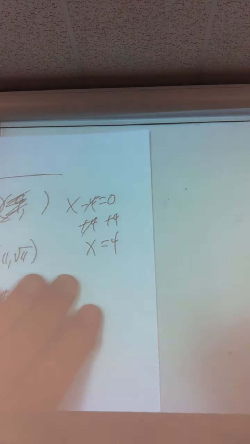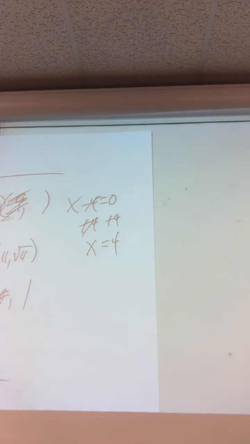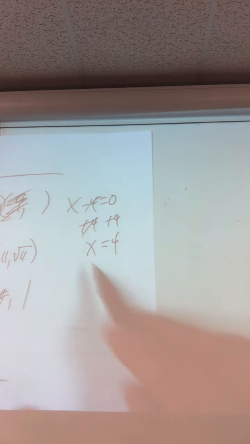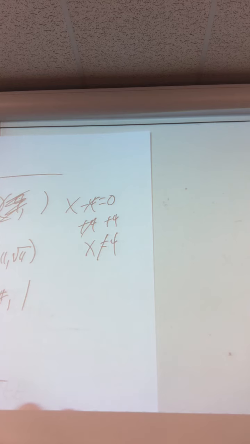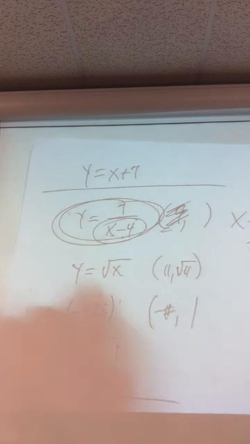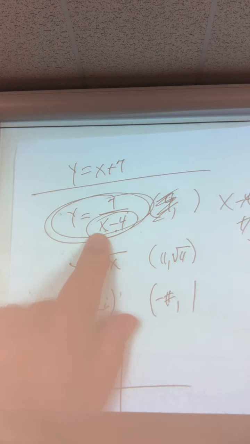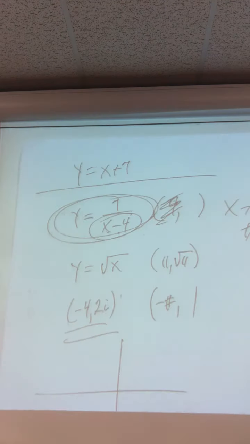Well, that's easy. Solve that for x, add 4 to both sides. Yes, I know you could just look at that and tell, but that's how you do it. You set it to 0 and solve it. And whatever that answer is, that's what you can't use in your domain. So in this problem right here, the domain would be all real numbers except 4.